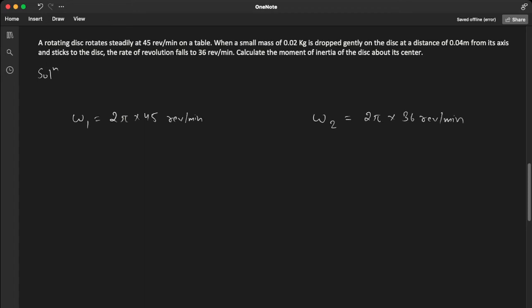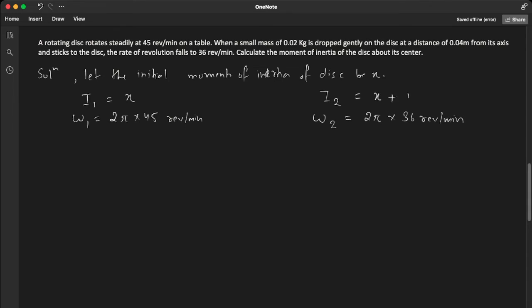So what we do, first we consider that the initial moment of inertia of the disc is x. And when some mass is dropped on the disc, obviously its moment of inertia will increase.